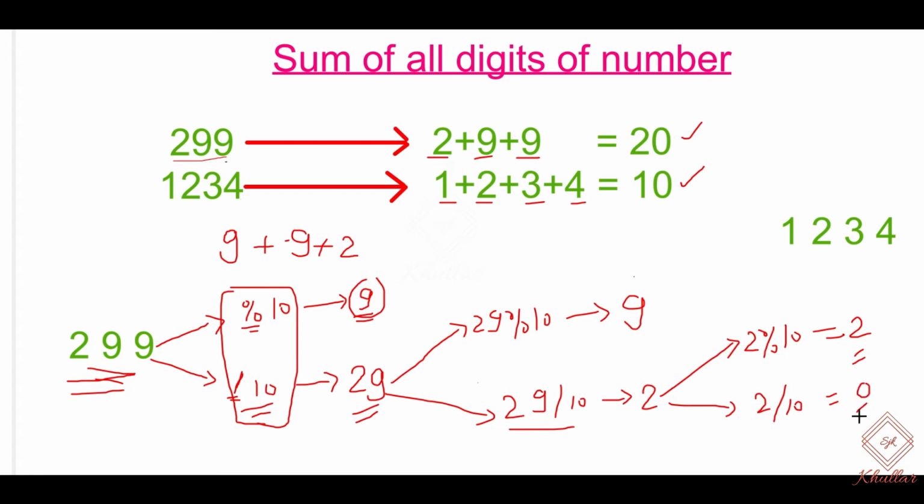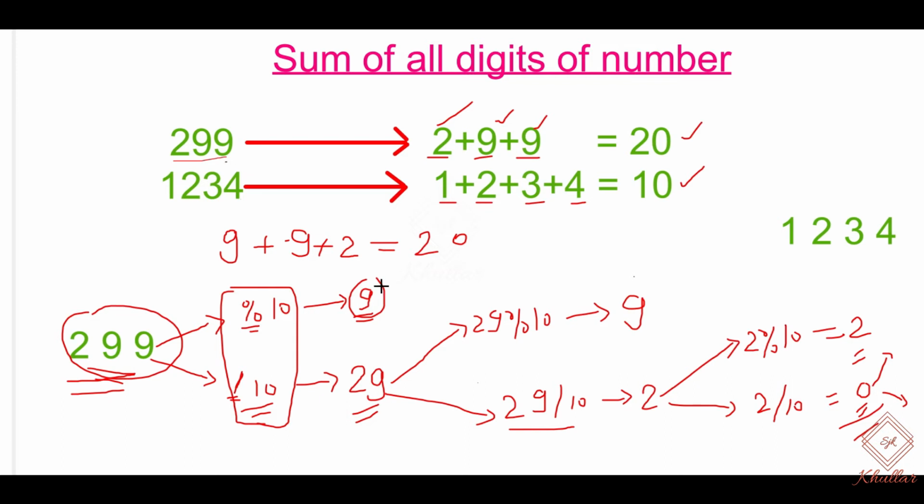As it has been reduced to 0, we don't wish to perform any other operation, because we got all the digits we were looking for. So we have to keep on performing until the input number becomes 0, right? So these 3 digits, which is what we see here, are 9, 9 and 2, right?